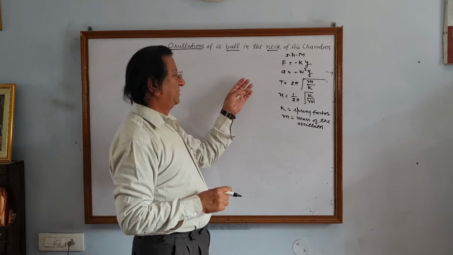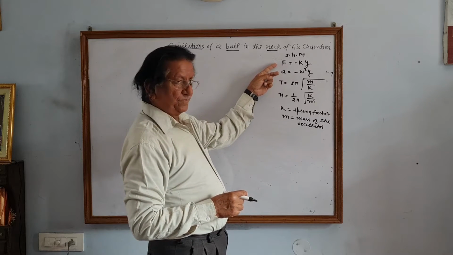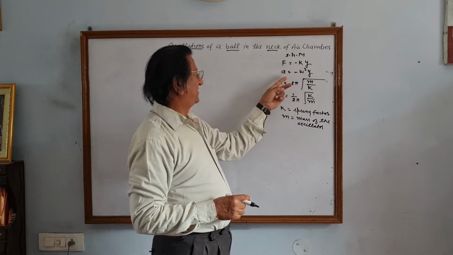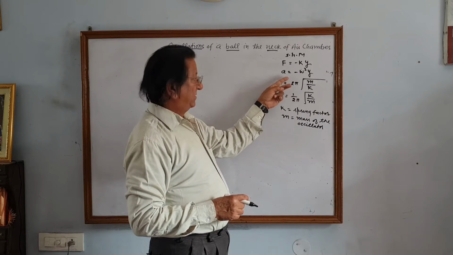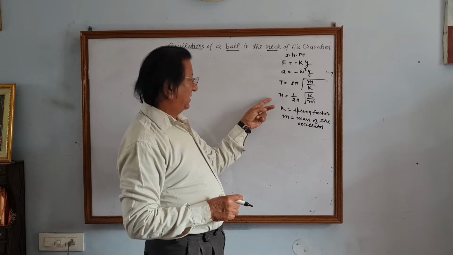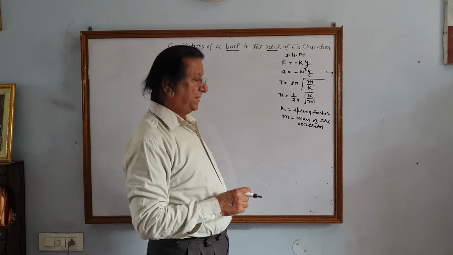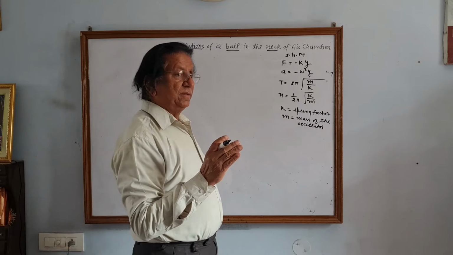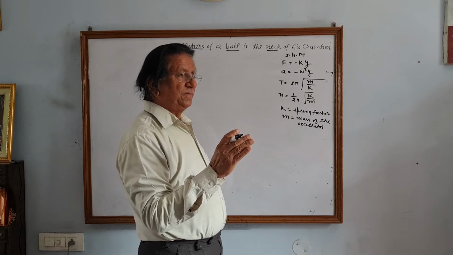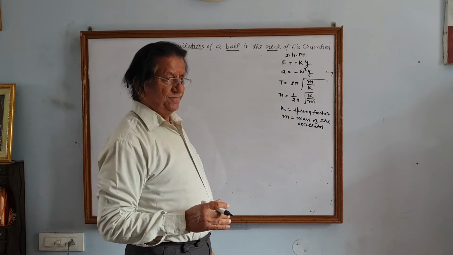Oscillation will be simple harmonic, and these are the characteristics: restoring force proportional to displacement, acceleration proportional to displacement. The time period will be this, frequency will be this. K is spring factor, m is the mass of oscillator. And this is the case when the oscillator is made to execute simple harmonic motion along a straight line.